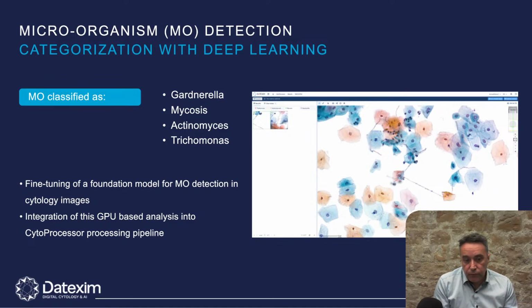It's different from what we do with the cells. And we are able to detect 4 categories of microorganisms: the Gardnerella, the mycosis, the actinomyces, and the trichomonas. That tool uses GPU to compute the results. So it's an upgrade to do on the IT architecture to have this kind of GPU card.